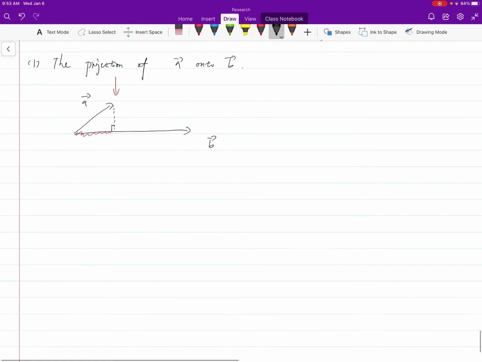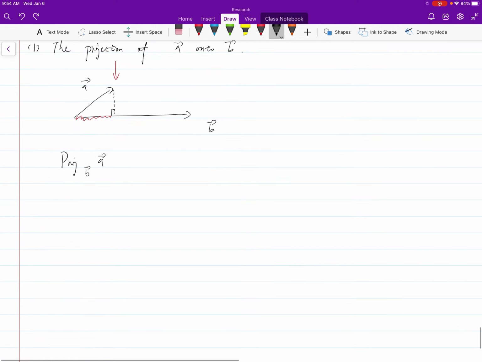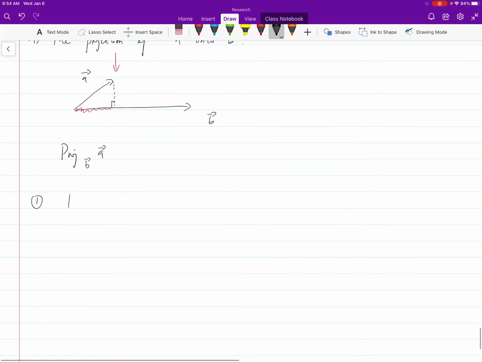And then the notation is the projection of A onto B. B is the one you want to project onto, and A is the original one you start projecting.